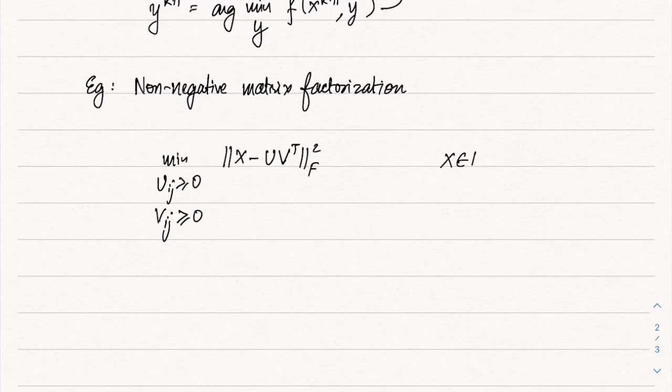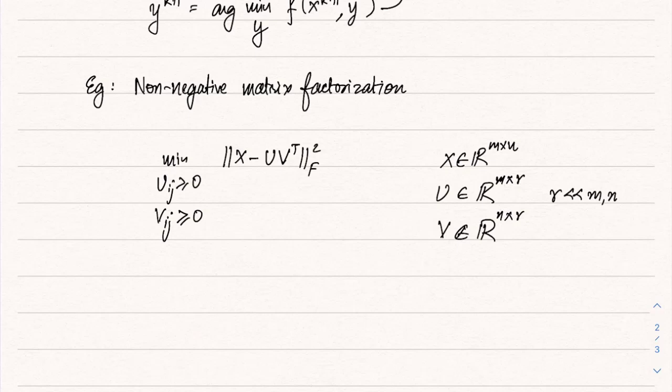Here I am assuming that X is some m cross n matrix, U is some m cross r matrix, while V is some n cross r matrix, where r is much less than m comma n. So really we are factorizing X into U times V transpose. In other words, we are assuming that X has rank r. If we know that rank r, then we can solve this problem and get U and V.